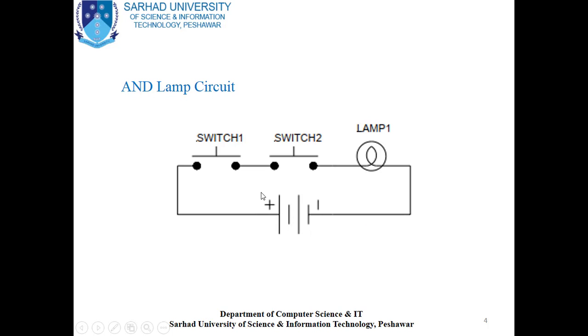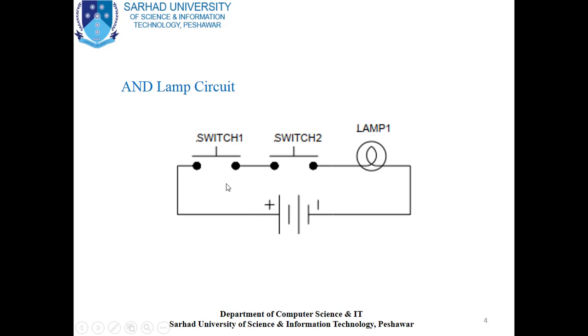Here you can see the schematic symbol of the DC battery, which provides the power to the circuit. This is also a circuit. You have learned about circuits in semester 1 or semester 2. The subject was circuit analysis. And the lamp circuit is just like a series circuit.